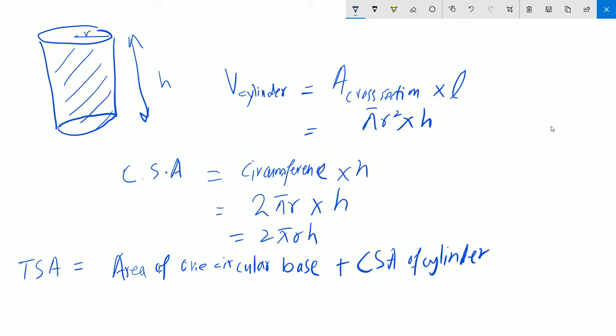So essentially, we're only calculating the surface area of this area and this circular face.